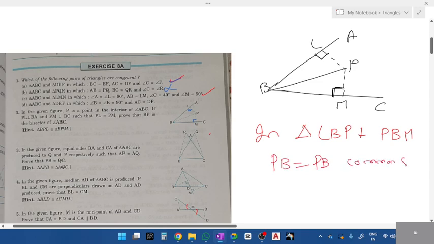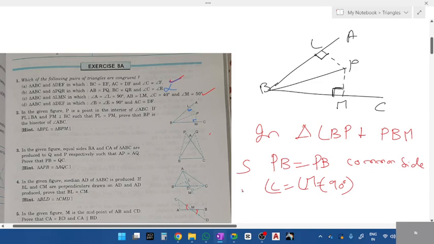Common side. Basically you have to find whether it is side or angle given. Next, can you tell me what other things are common? Angle. Both are 90 degrees. Angle L is equal to angle M, 90 degrees. So what are the two things we have found so far?